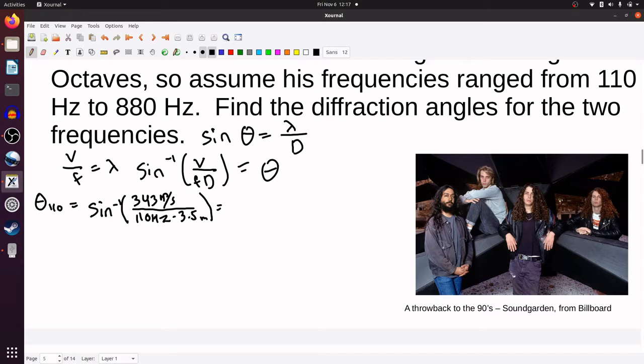Remember you need to be in degrees again. 343 divided by 110 divided by 3.5, and then I take the inverse sine of that, and I get around 63 degrees.